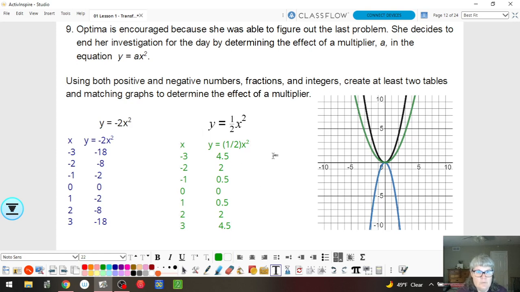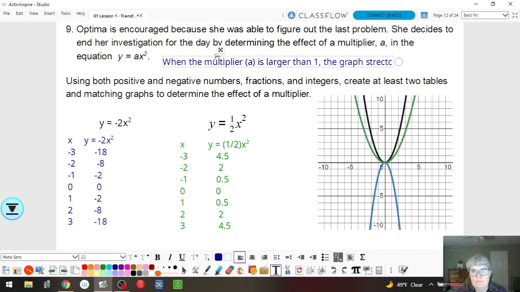So, some things we concluded. When the multiplier, and that's the a, is larger than 1, the graph stretches. It gets narrower.